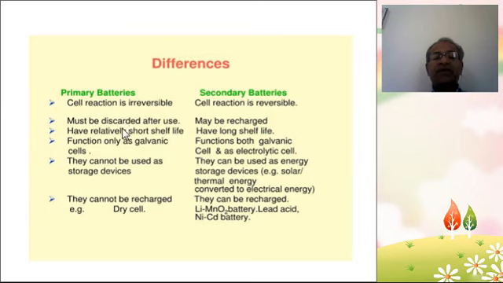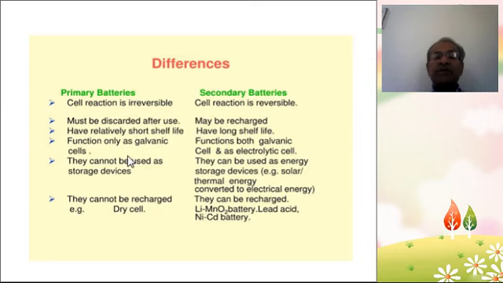Primary batteries, once used, can be discarded, whereas the secondary batteries can be recharged and reused. Primary batteries have a relatively short shelf life, whereas the secondary batteries have a long shelf life.